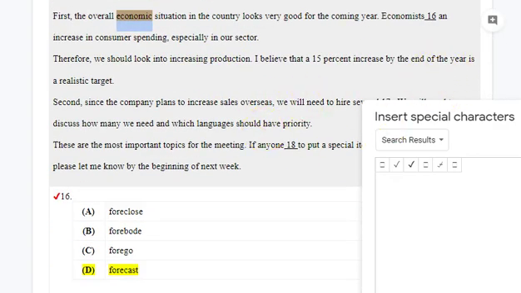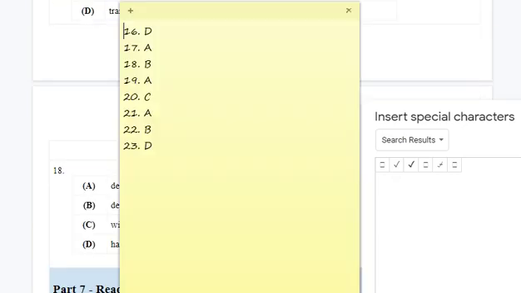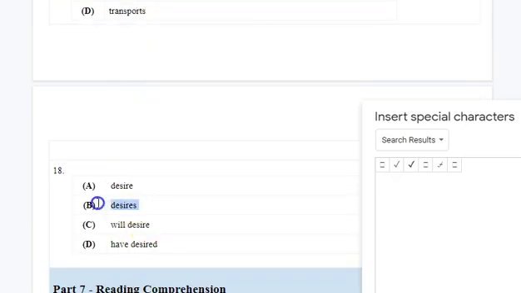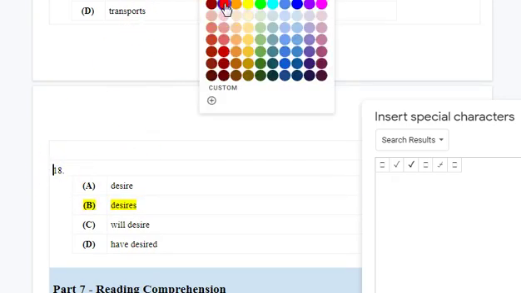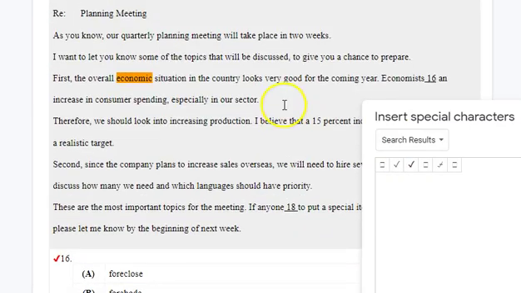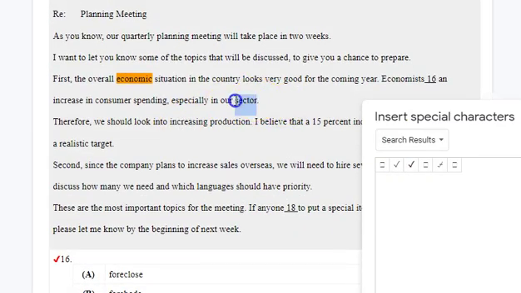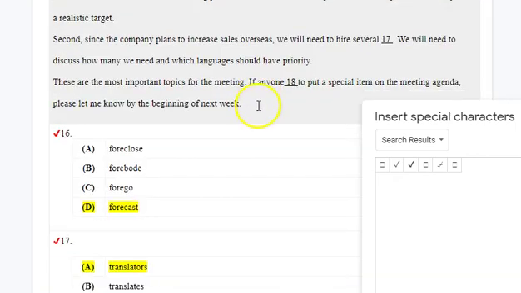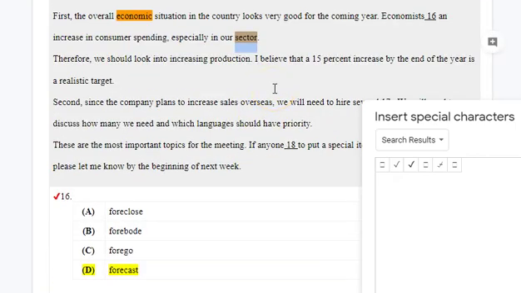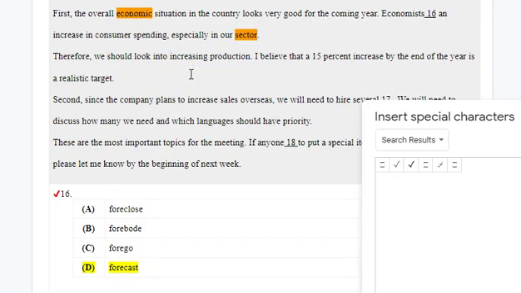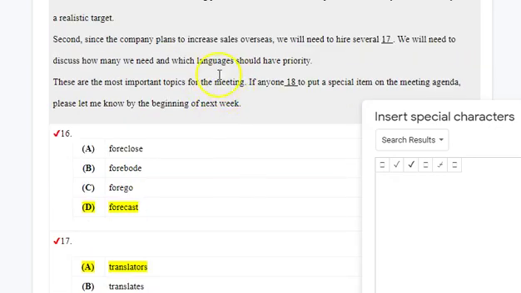Economists forecast an increase in consumer spending, especially in our sector. Therefore, we should look into increasing production. I believe that a 15% increase by the end of the year is a realistic target. Second, since the company plans to increase sales overseas, we will need to hire several translators.